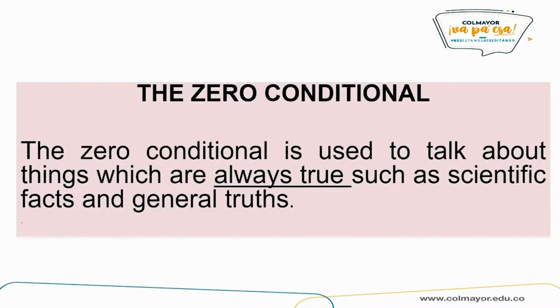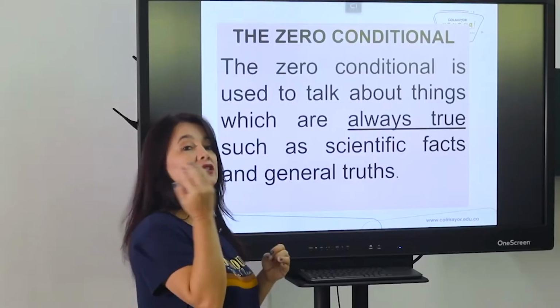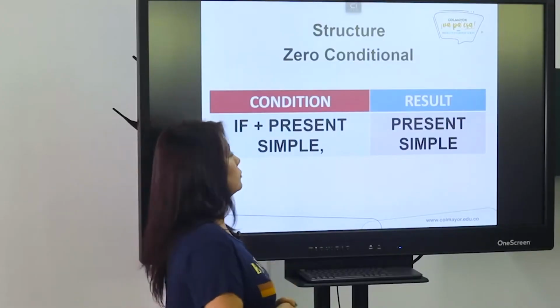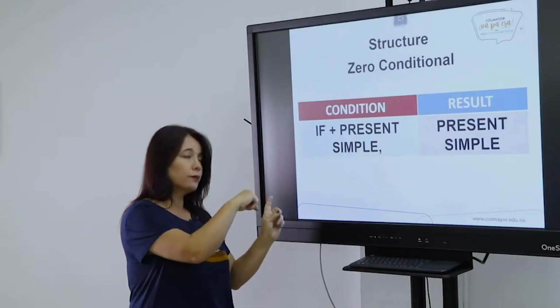The first one is the zero conditional. The zero conditional is used to talk about things which are always true, such as scientific facts or general truths. The structure is the two sentences that I explained before.